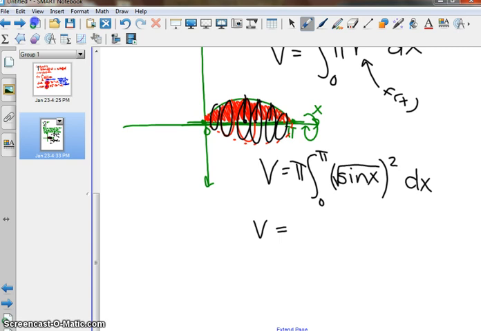You will always have a pi out front. In this case, this turns out to be 2 pi. So draw a picture every time. Draw in your circle.